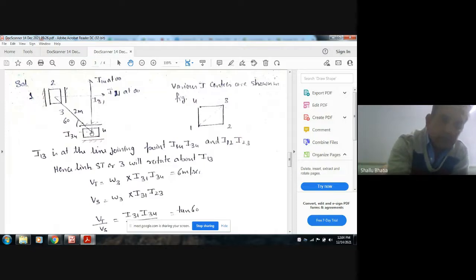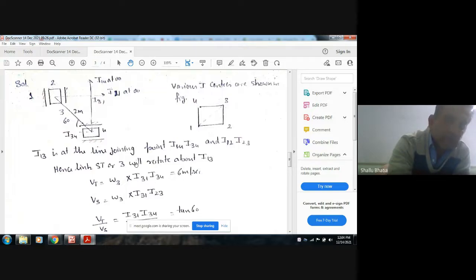Now we have the velocity of this link, that is 6. So if omega 3 is the angular velocity of this link, then Vt will be omega 3 into I31 I34, so omega 3 times I31 I34 is equal to 6 meter per second.